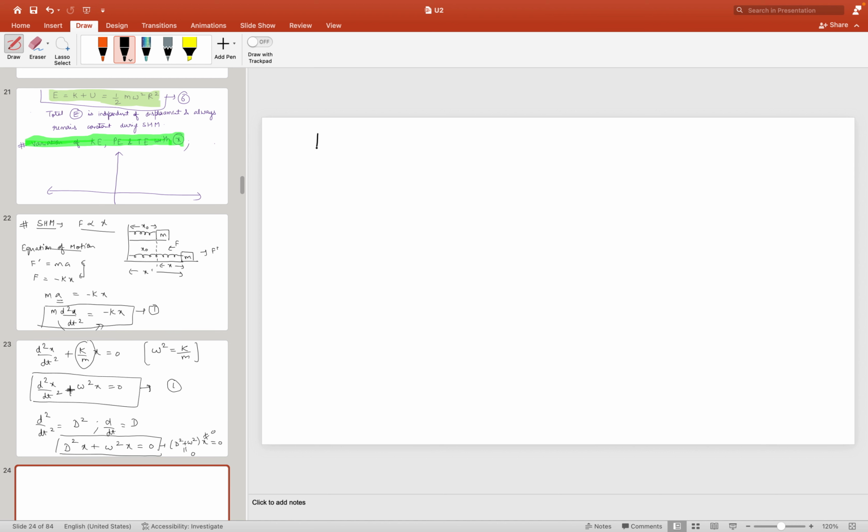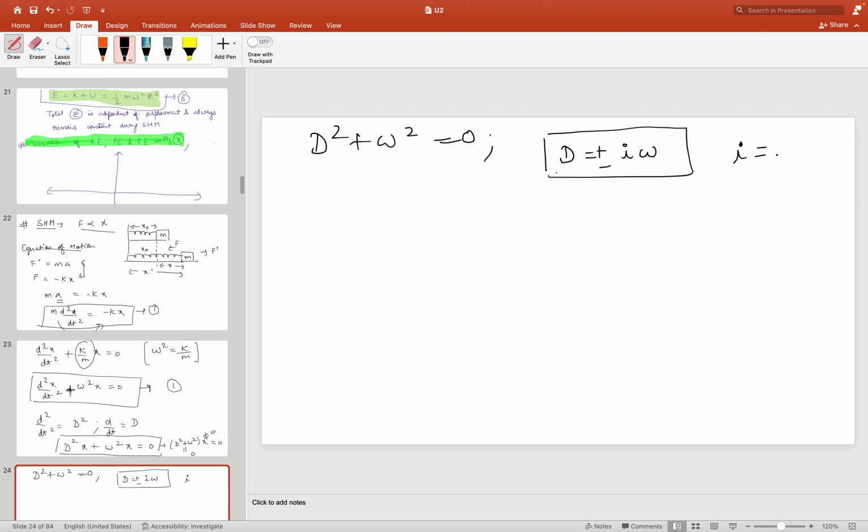So I can find the root in this format. D square plus omega square is equal to 0, and finding the root, D will be equal to plus minus iota omega. What is iota here? Root minus 1. This is an imaginary one. Why?